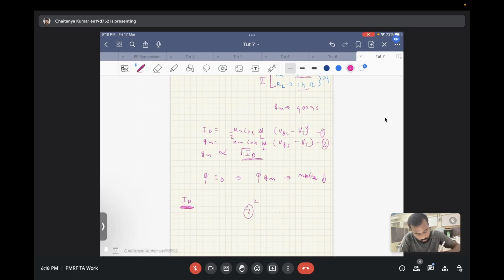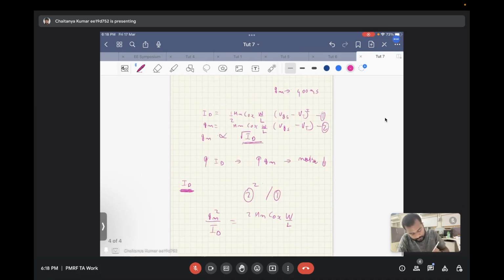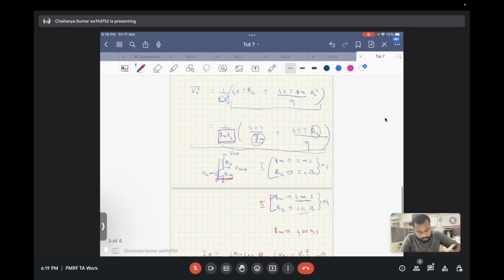If we square equation 2 and divide by equation 1, we get GM square by ID is equal to 2 mu n Cox W by L. Hence, GM is equal to square root of 2 mu n Cox W by L times ID. So this is the value of GM we get.